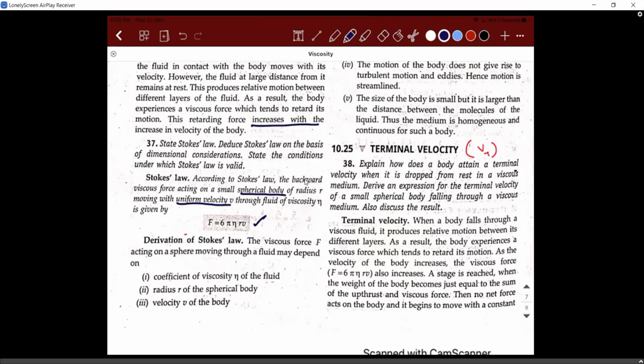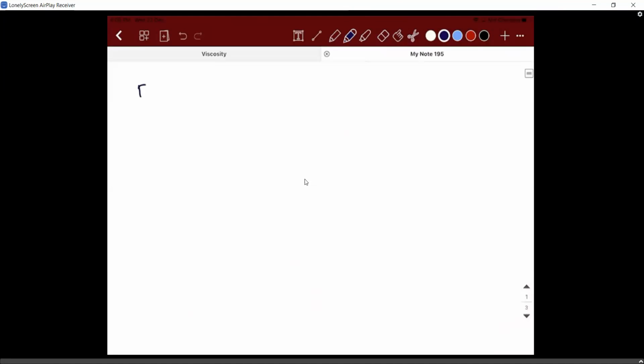One is the radius of the spherical ball, one is the coefficient of viscosity, and the last one is velocity. So when I take all these parameters into consideration, can I say that F is directly proportional to neta power A, v power B, and what is the other parameter? r power C. You're able to understand what I told?